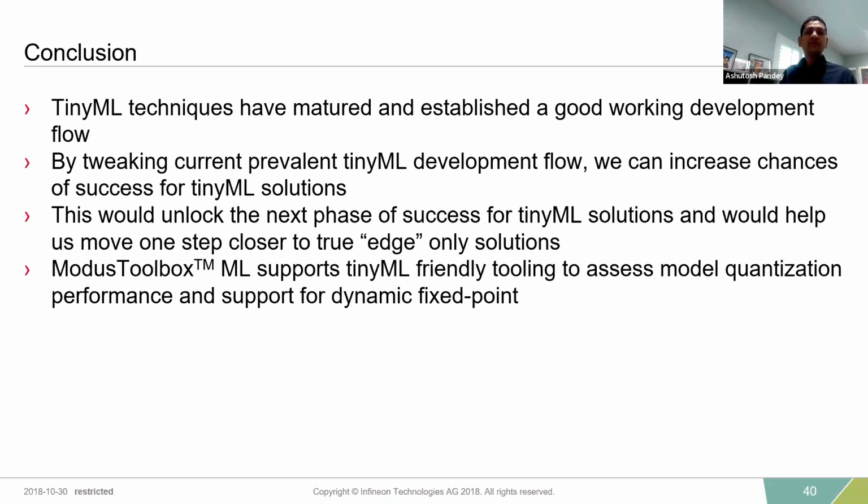And for that matter, the Modus Toolbox ML does provide you a lot of tooling that can help you understand your solution, and you can get support for dynamic fixed point if you need it for your application. So that's the conclusion from the talk. I hope this gives you some motivation of where to look next for creating the next level of refinement and improvements in tinyML systems. So I'm done.